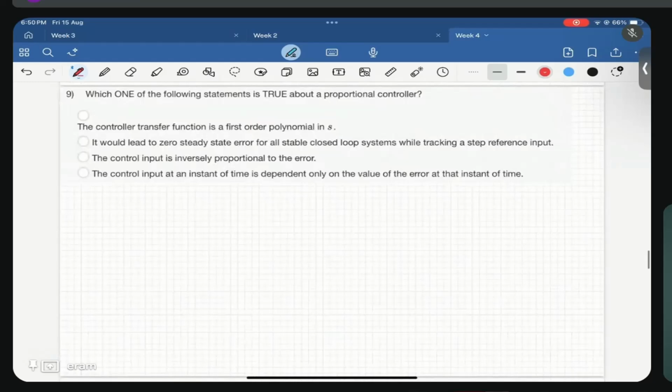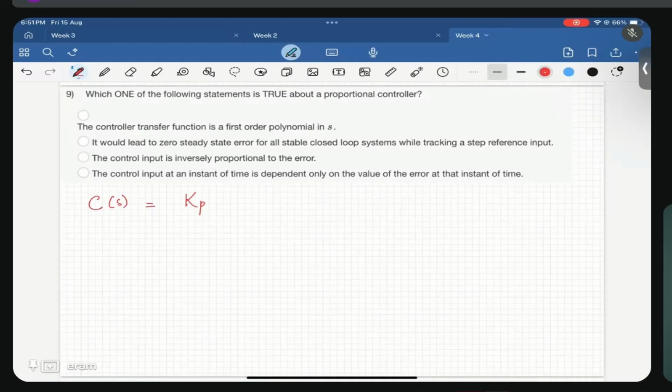Okay, now in this question, regarding proportional controller, which statement is correct? Read all the 4 statements and identify which one is true. For a proportional controller, we have the transfer function as only the gain kp.